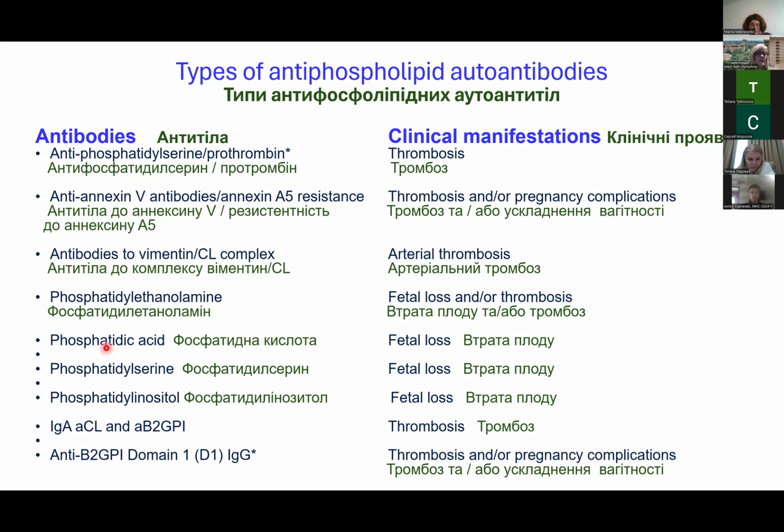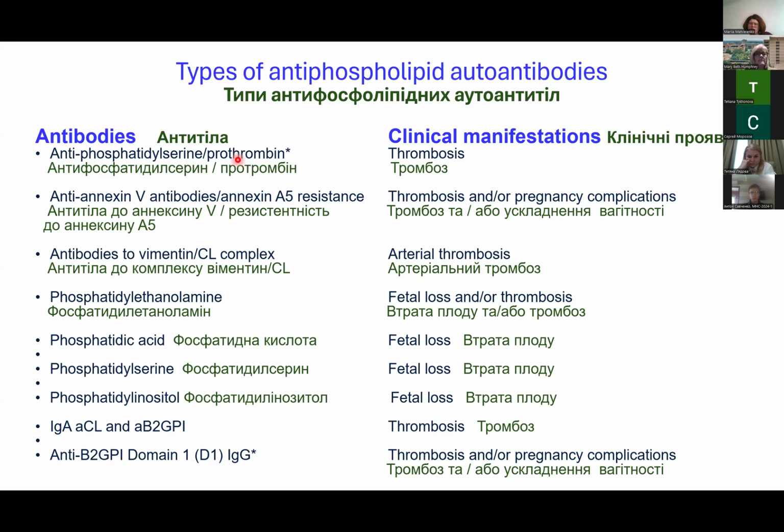phosphatidylethylamine, phosphatidic acid, phosphatidylserine, phosphatidylinositol, and then you can have IgA antibodies against anticardiolipin and anti-beta-2 glycoprotein, and then beta-2 glycoprotein 1 domain 1 IgG.